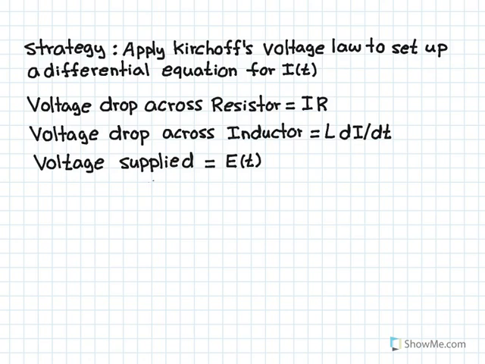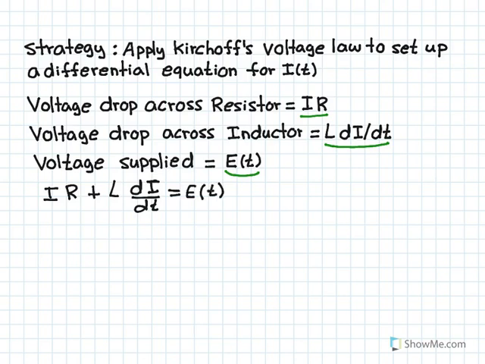So the voltage drop across the resistor is IR, the voltage drop across the inductor is L di dt, and the voltage supplied by the battery is E of t. According to Kirchhoff's voltage law, we have IR plus L di dt is equal to E of t.